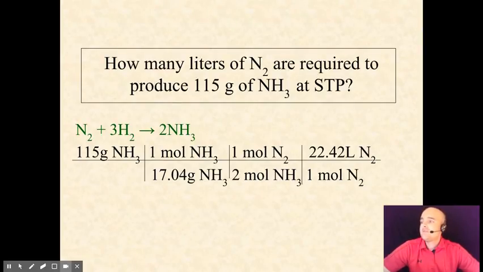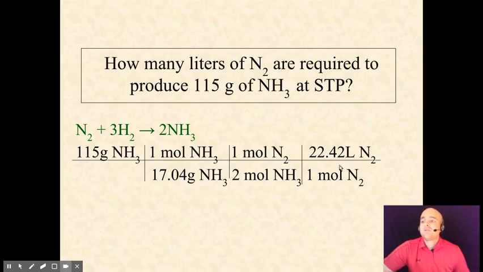Since these are all gases, I can just use this equation. Start off with 115 grams of ammonia, convert grams to moles, and then apply the mole ratio from the equation that you just came up with. And then this last step, I am applying the molar volume.